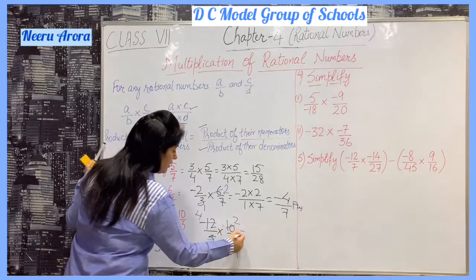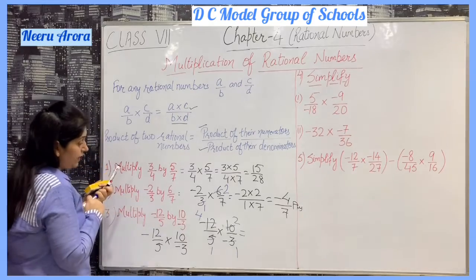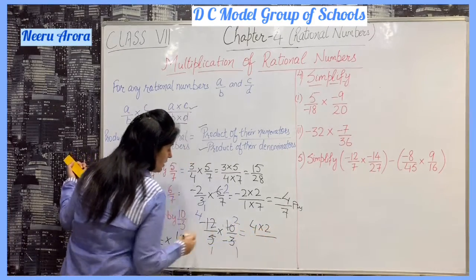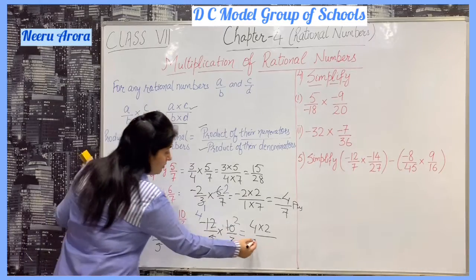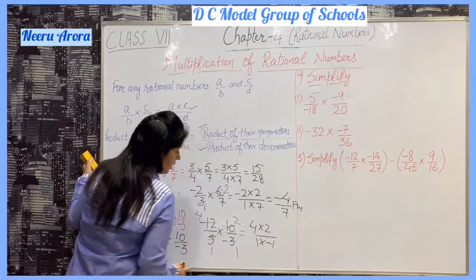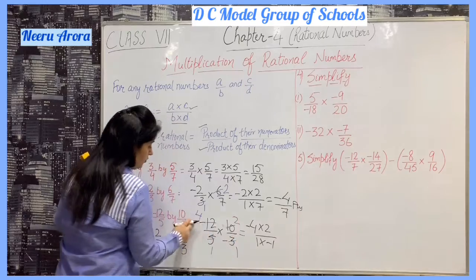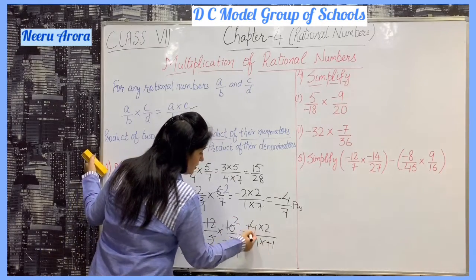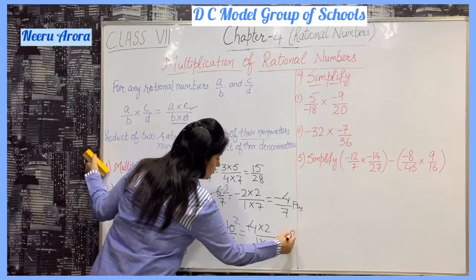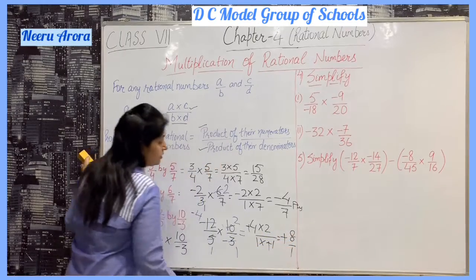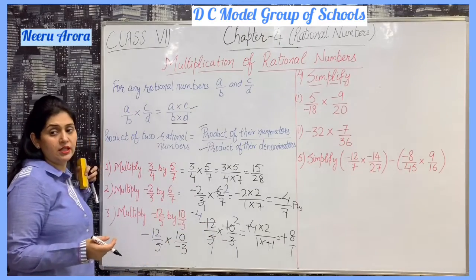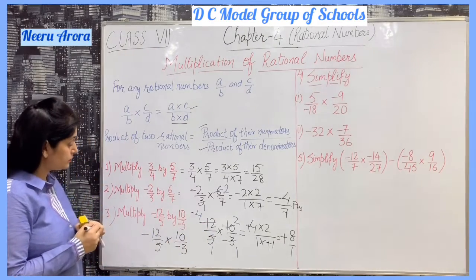What is left in the numerator? 4 multiplied by 2, and 1 multiplied by minus 1, so we have minus 4 in the denominator. Minus divided by minus is plus. 4 twos are 8, 1 into 1 is 1. So minus divided by minus, as we have done in integers, is plus.